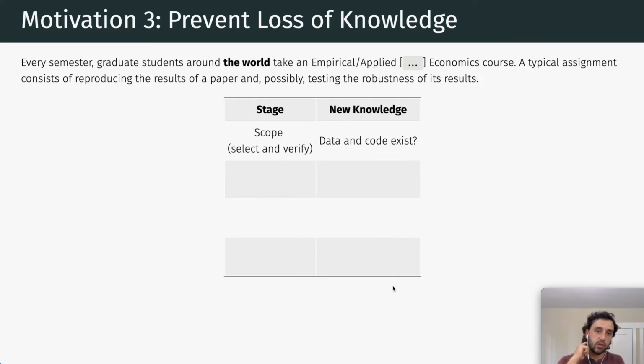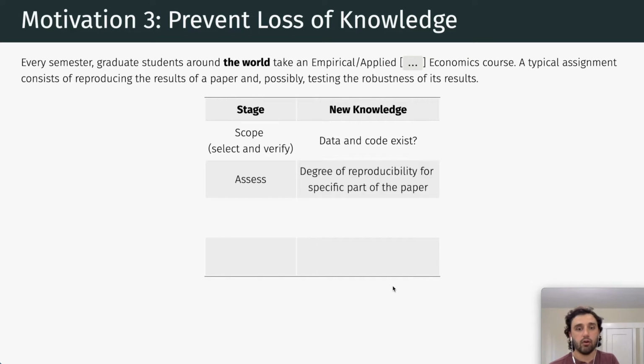First, the student or the reproducer will scope the paper, and see if there's data and code for any given paper. That itself is generating some type of knowledge, since the student is identifying whether or not there is data or code. Then they are going to assess the degree of reproducibility for a specific paper or for a specific part of the paper. Again, knowledge has been generated, in the sense that an external observer is assessing the degree of computational reproducibility of a paper or a specific component of it.